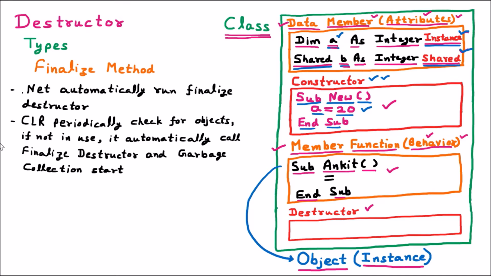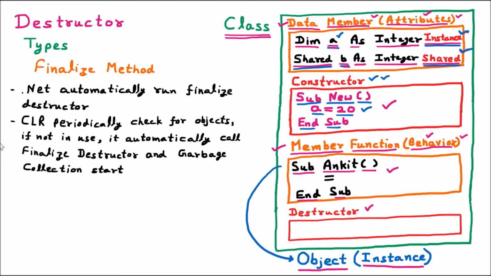So CLR has a time span, meaning after every specific time, it comes and checks all the objects. If it finds any object not in use, then it calls this finalize destructor, and after that the garbage collection process starts. We know that the garbage collection process is where unused objects are removed from the memory, meaning the memory is deallocated for them.